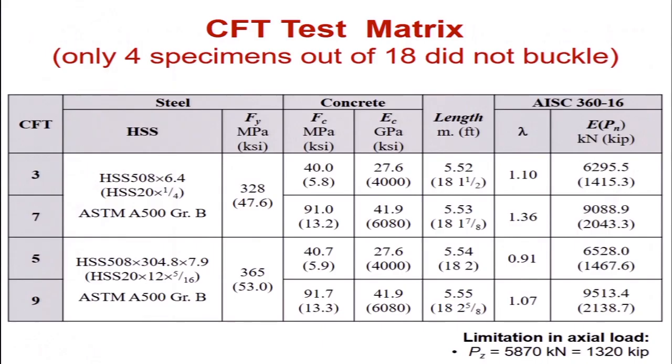But the trouble that we ran into, and it was not something that we were not prepared for, was that we wanted to test things that were fairly big. And so 4 of our specimens, okay, the HSS round tube, 20 inches by 1/4 inch, and the HSS 20 by 12 by 5/16, both of those would give us buckling loads that were much larger than what our machine capacity was.